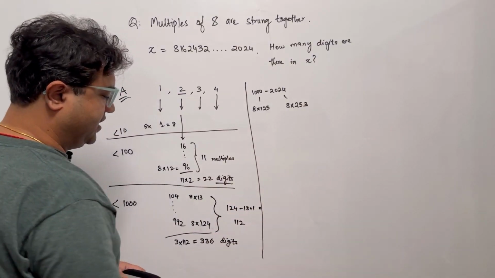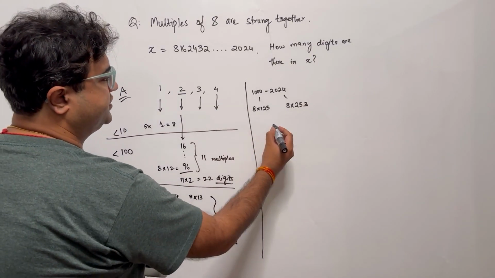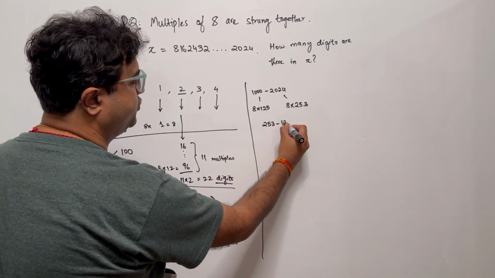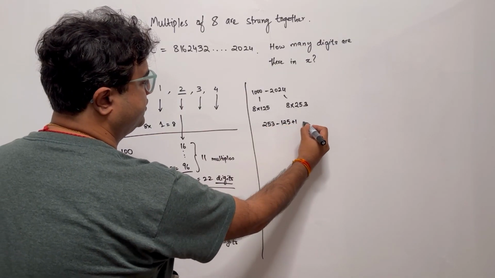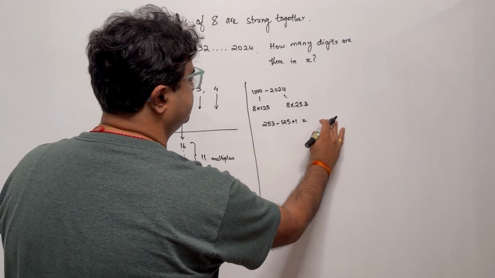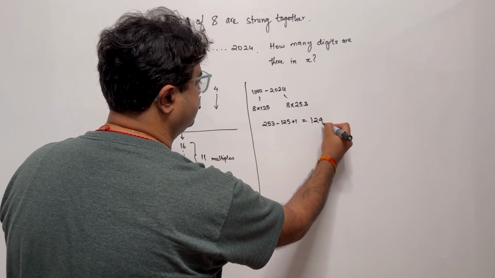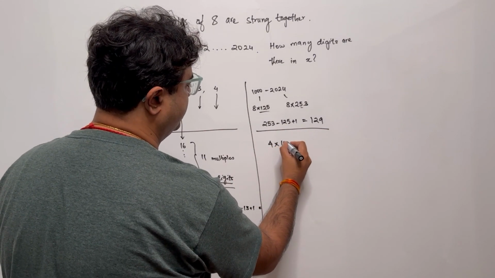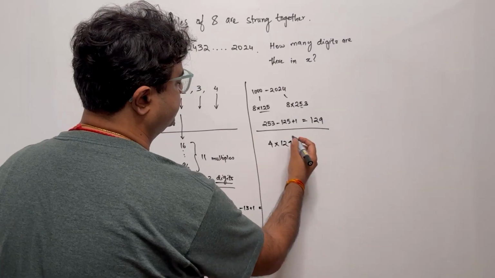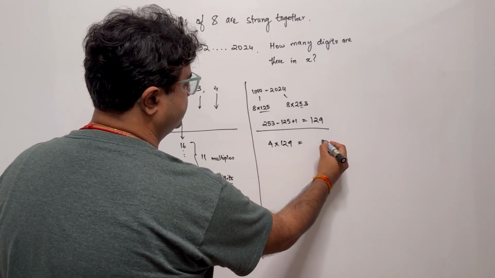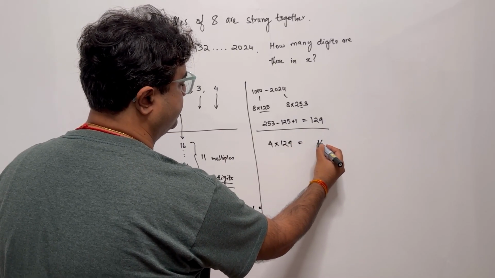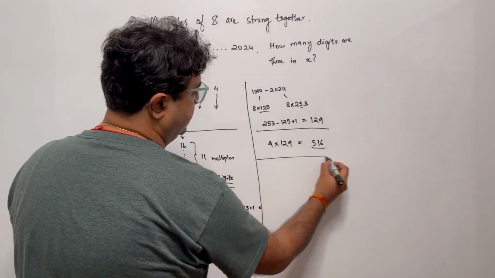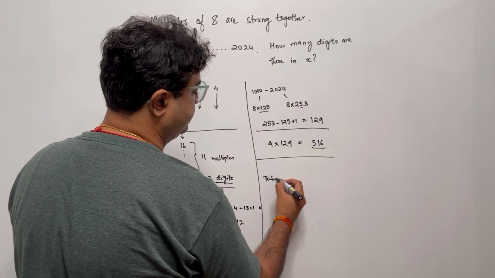So the number of 4-digit multiples will be 253 minus 125 plus 1, which comes out to be 129. So then 4 times 129 is 516.